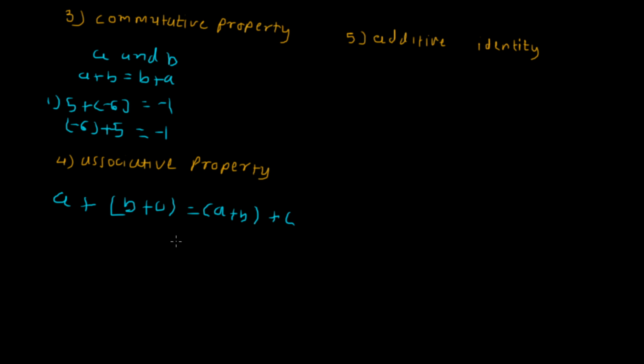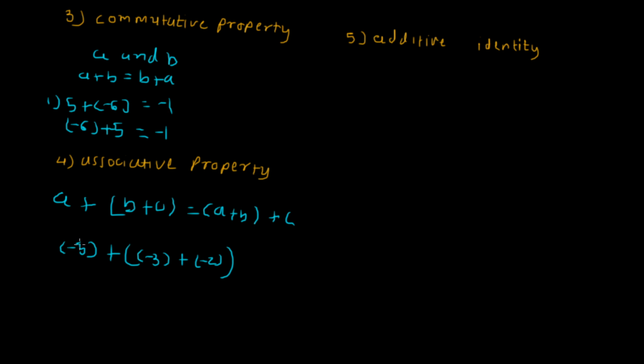Okay, so let's take an example. Let's take three integers: -5 plus -3 plus -2. Okay guys, so this is in brackets.